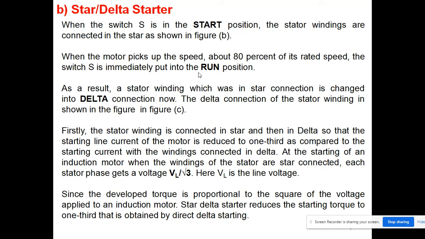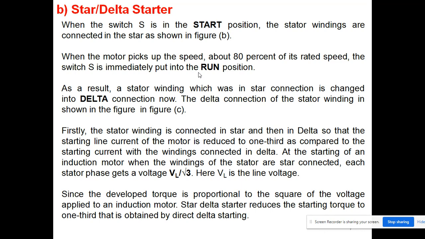How is it? Because at the starting of an induction motor, when the windings of the stator are star connected, each stator phase gets a voltage V upon under root 3. V is nothing but the line voltage. We have seen this when we talked about three phase AC.